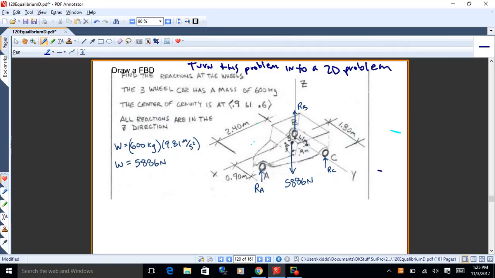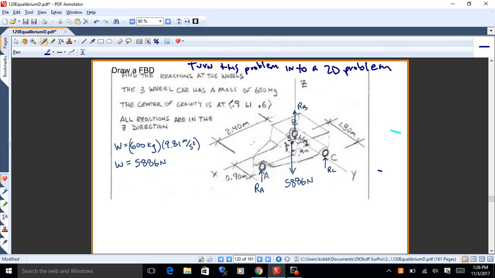The way you turn it into a 2D problem is you visualize it from different directions, in such a way that it'll help you solve for what you want to solve for.